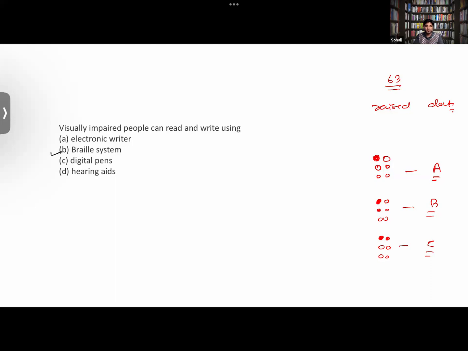They slightly press their fingers over the characters and are able to understand what it means. Hope it is clear, right?